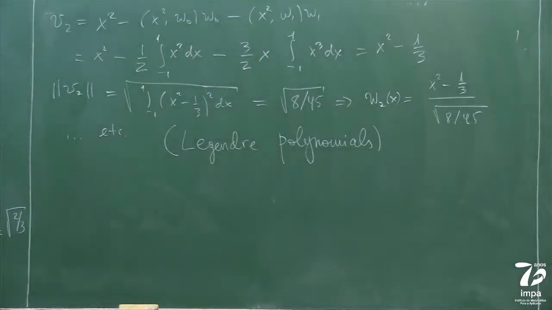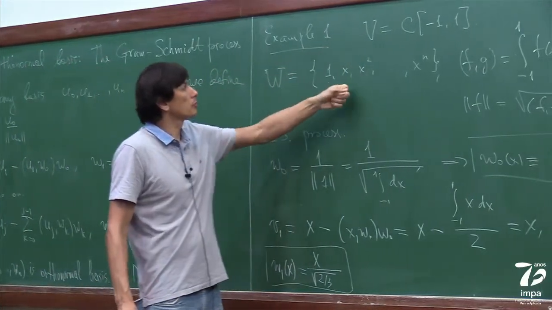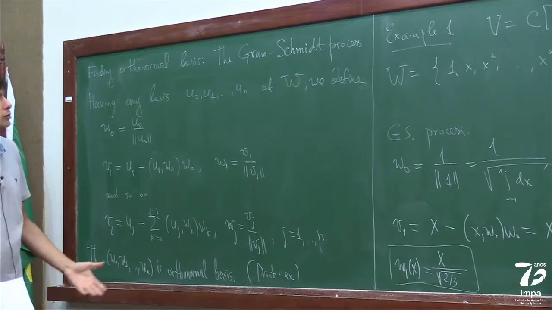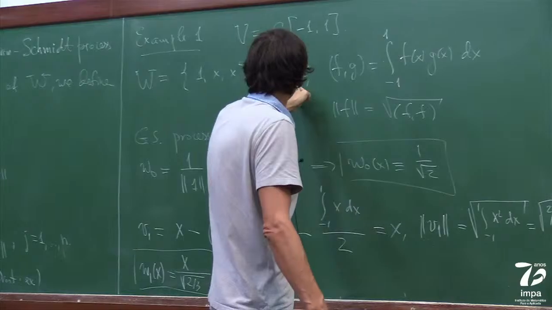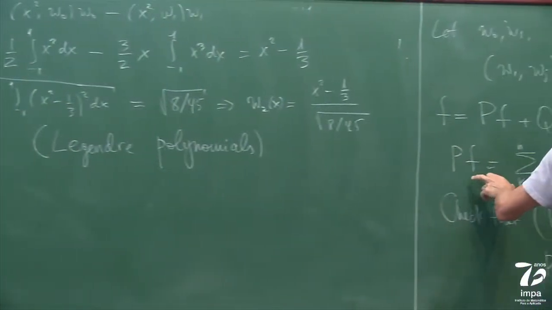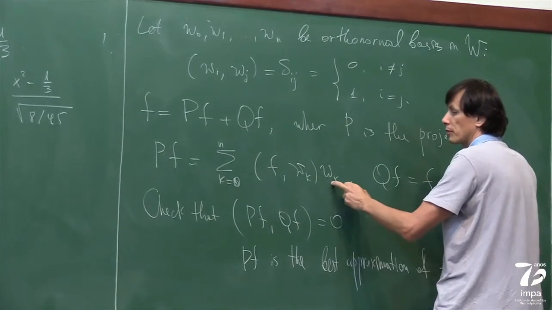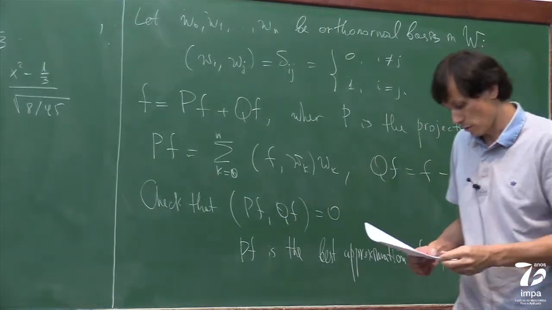Then approximation of a continuous function by Legendre polynomials with this scalar product becomes direct, because if you want to approximate the function with n polynomials, you just use the projector. You take these Legendre polynomials, and the coefficients will be scalar products. So this is how it works.